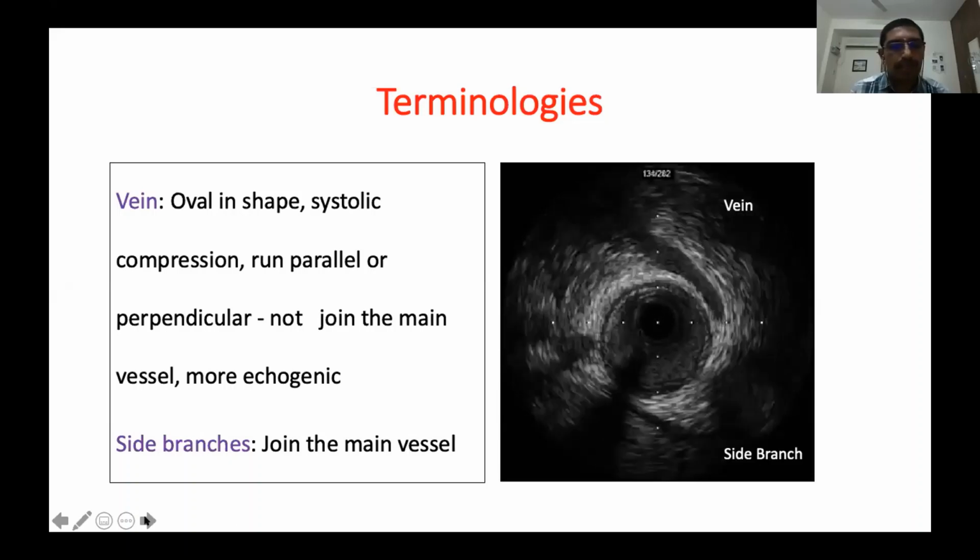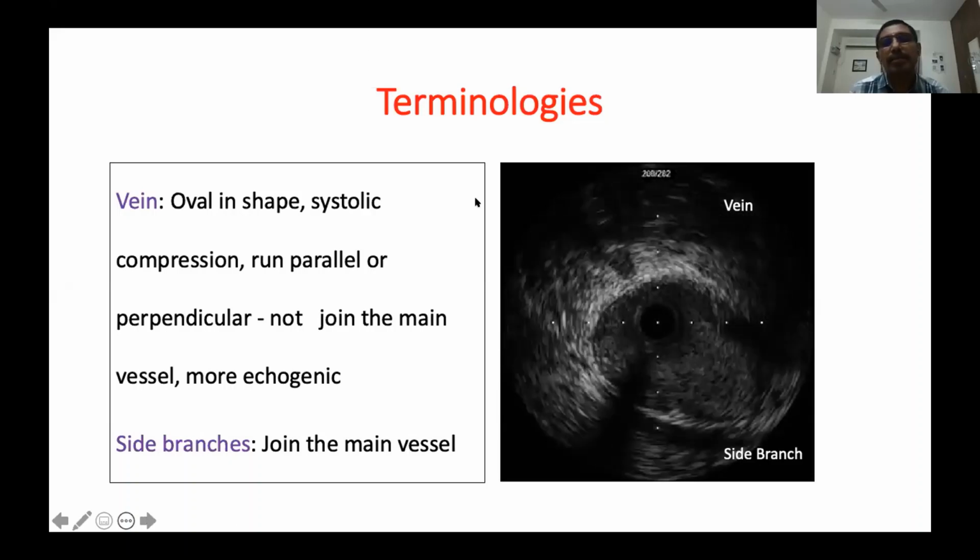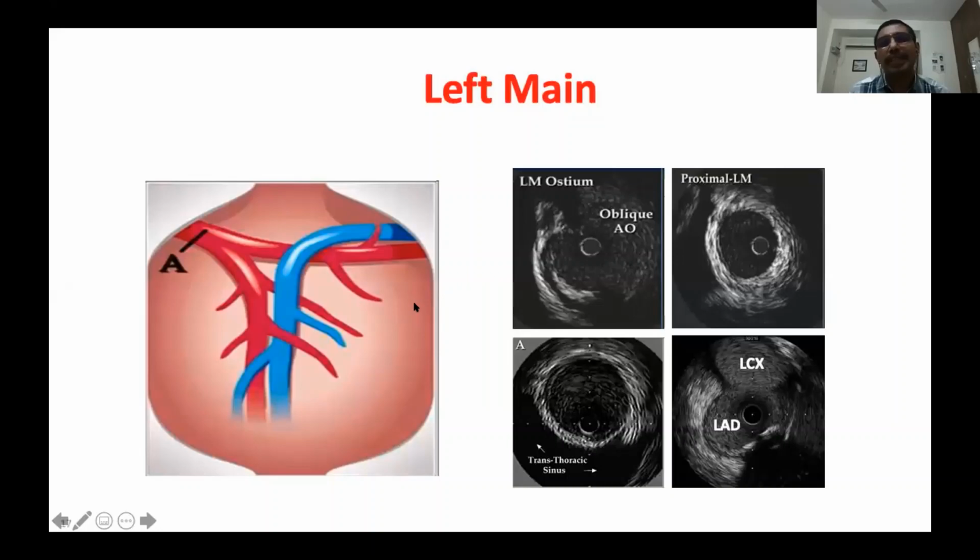Okay, next one. Now we will see some examples of different arteries. First, we'll start with the left main coronary artery. The left main coronary artery originates from the left coronary sinus and runs through the transverse sinus behind the pulmonary artery and comes on the left side in the atrioventricular groove and divides into LAD and LCX.